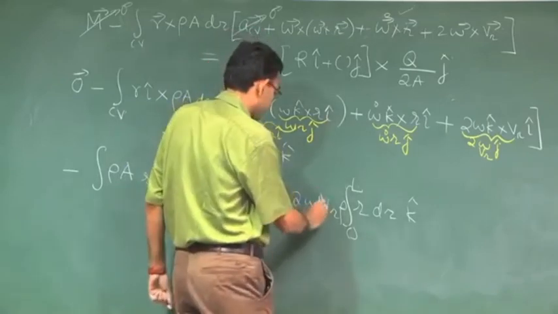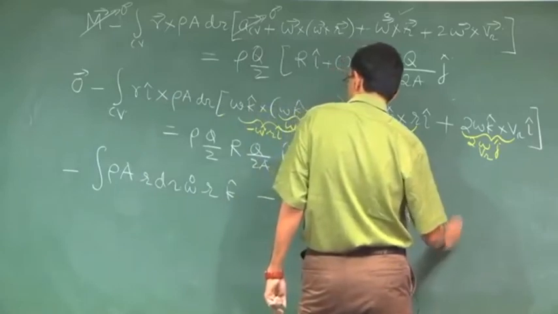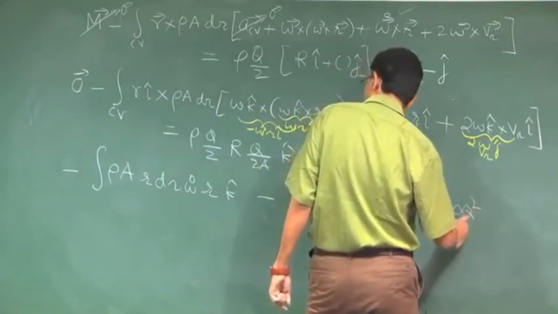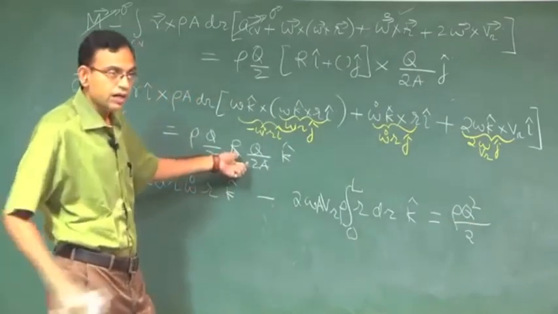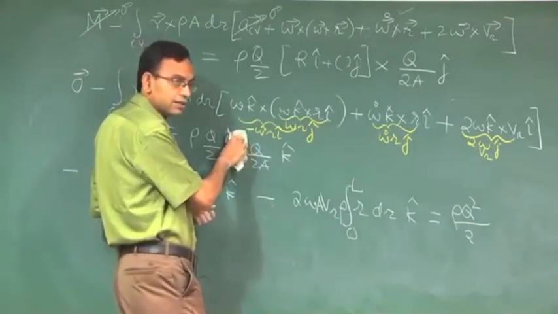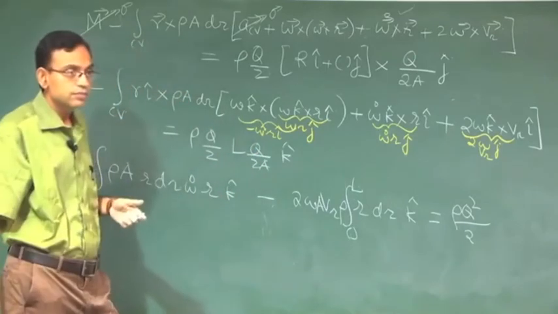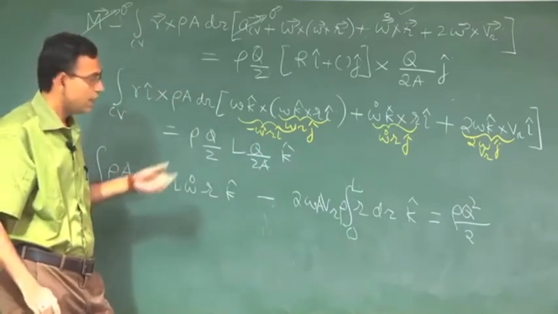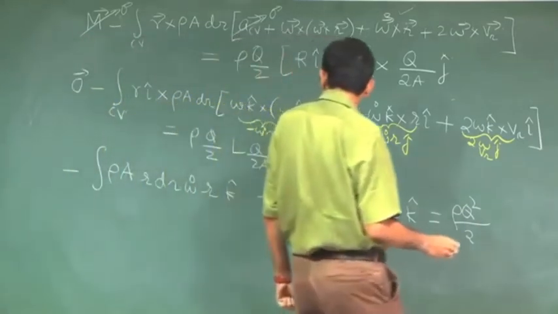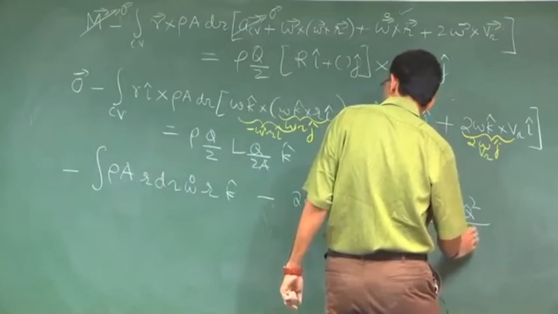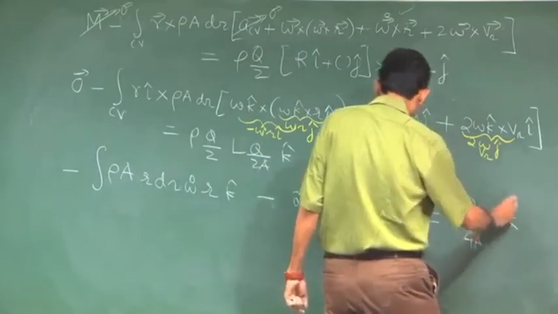Yes, is equal to rho q square by, this is L, right, not R, yes, this is L, sorry, I have given the name as L. So rho q square by 4A into L k.